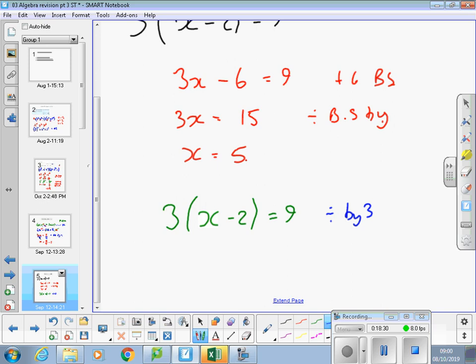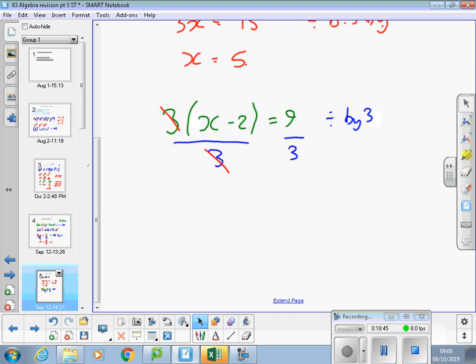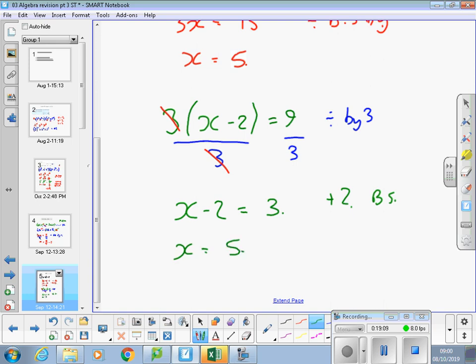If we divide that by 3, those two cancel, and that one becomes 3. So we end up with, brackets can go then, x minus 2 equals 3. And then plus 2 to both sides. We get x is equal to 5.